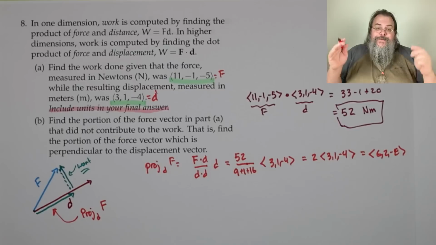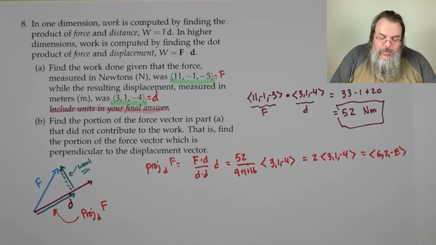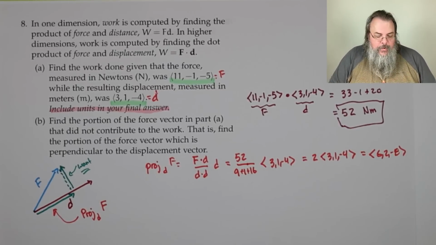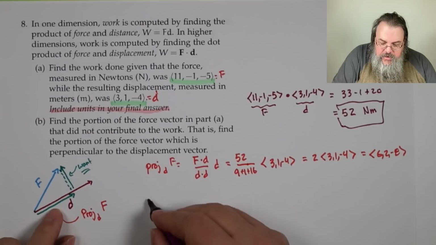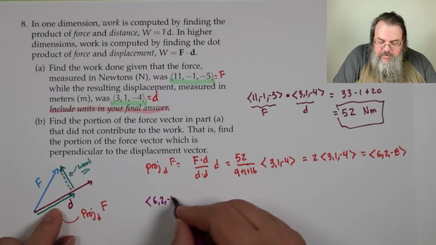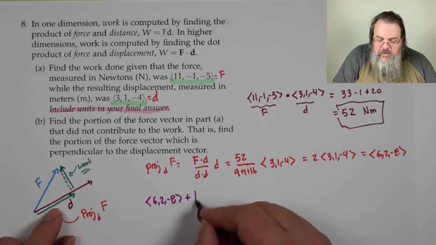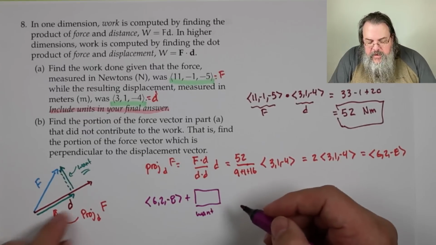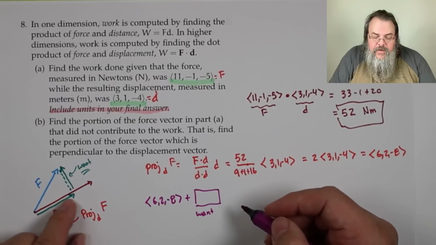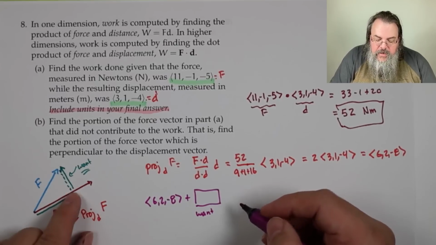Now, what's the idea? Well, we have that if we take this projection, so 6, 2, negative 8, plus, this is what we want. So this is the part that's helpful for moving and doing the work. This is the part that's perpendicular.